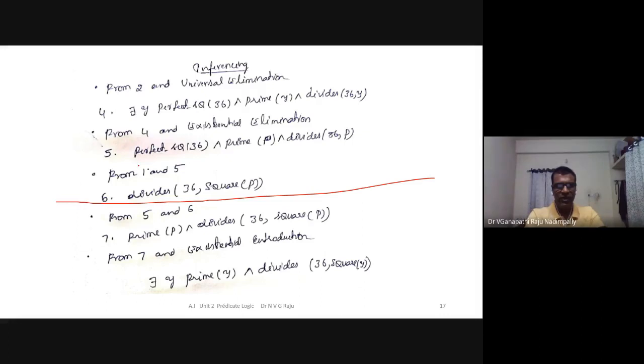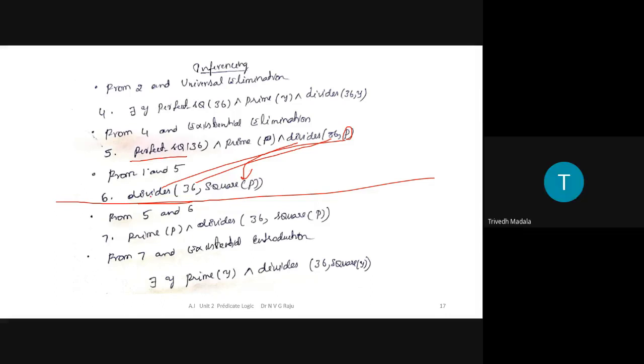Now observe statements 5 and 6. Now divides of 36. Can I replace this p with a function square of p? Yes, sir, we can.